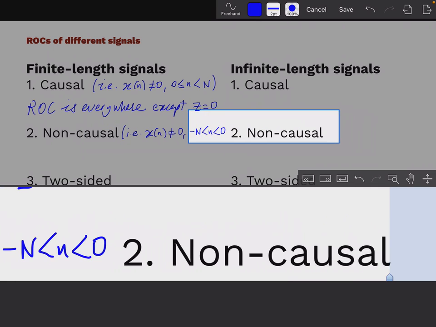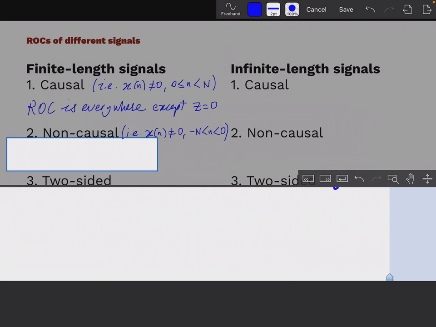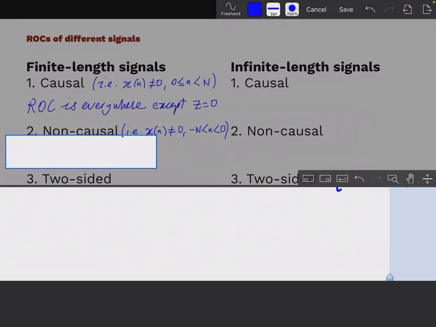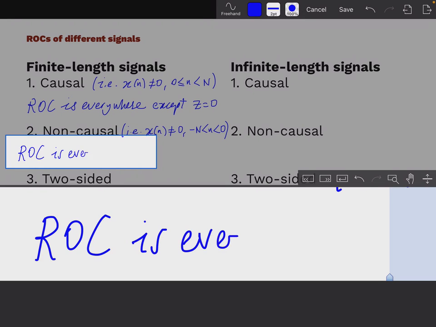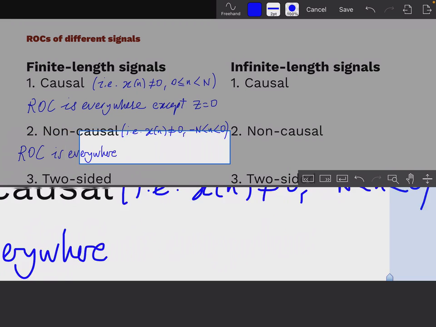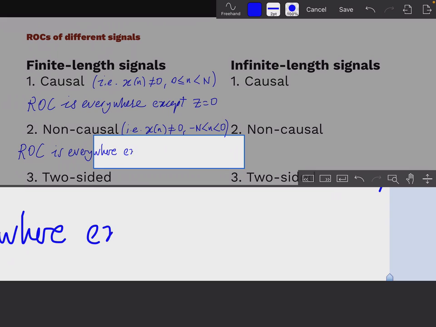So this is an anti-causal signal because it only has values to the left of the time origin. So for this kind of a signal, the region of convergence is everywhere except z equals infinity.